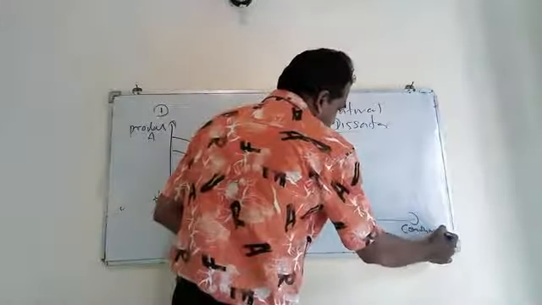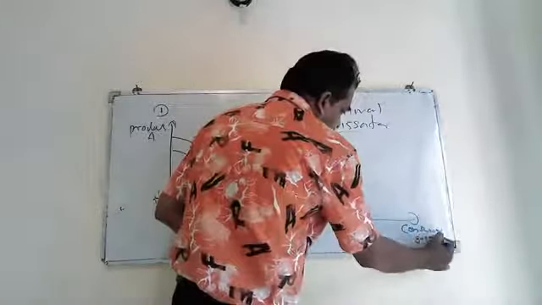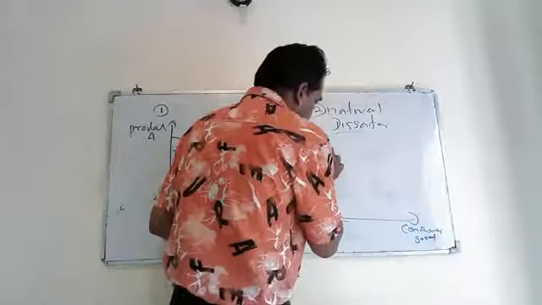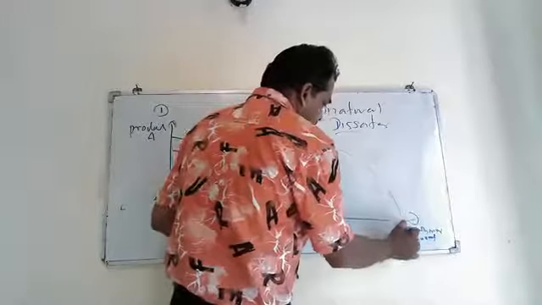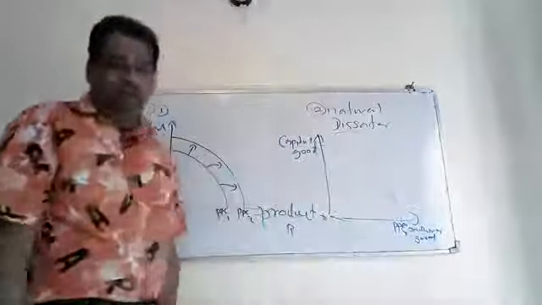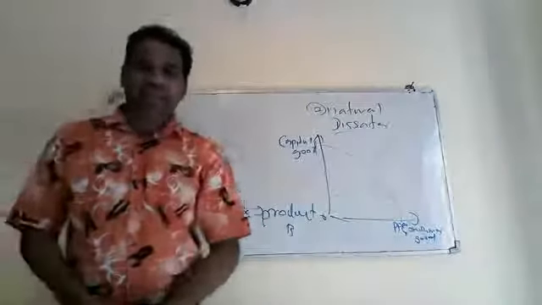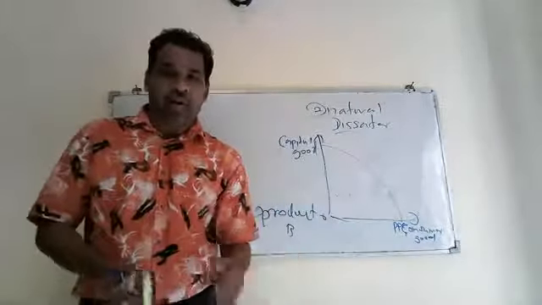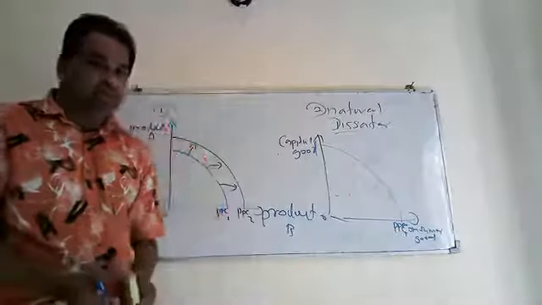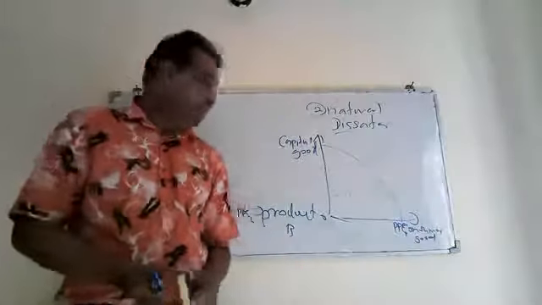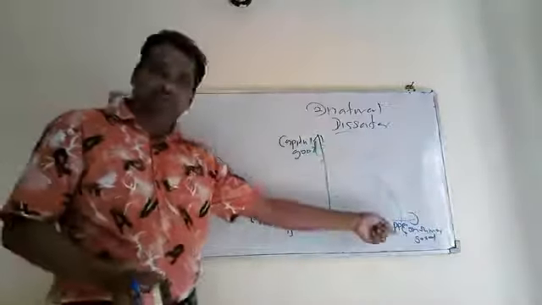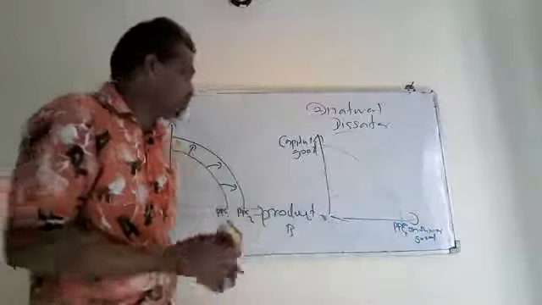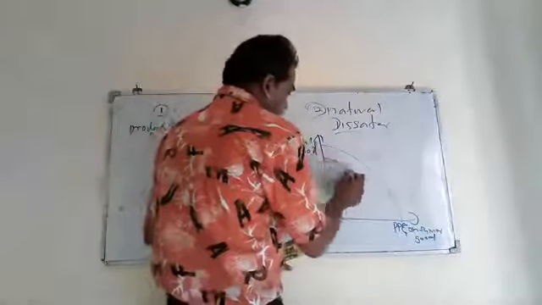Then definitely there will be a decline in the production level. This is PPC 1. If there is a decrease in capital resources, it will reduce our production capacity. Then our existing PPC will shift backwards or left like this.